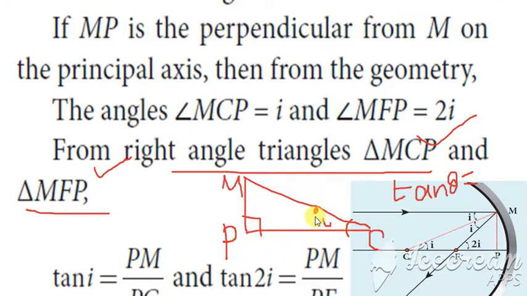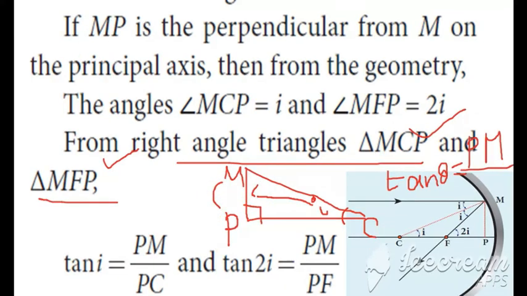The opposite side of this angle is PM divided by the adjacent side, which is PC. And instead of this angle theta we can write I. So tan I is equal to PM divided by PC.